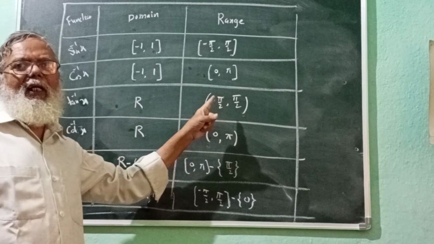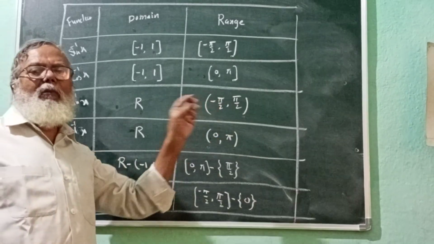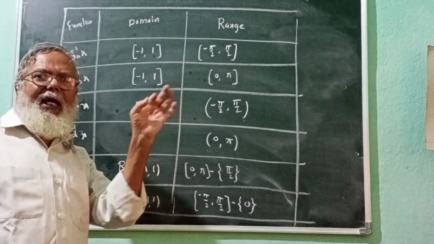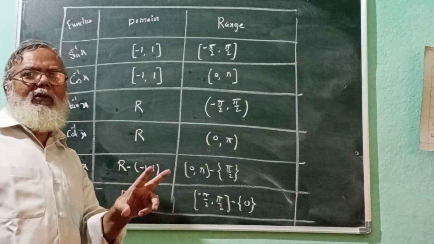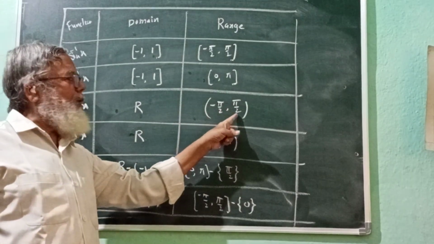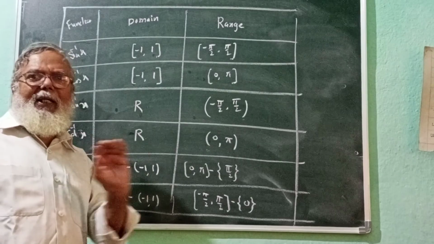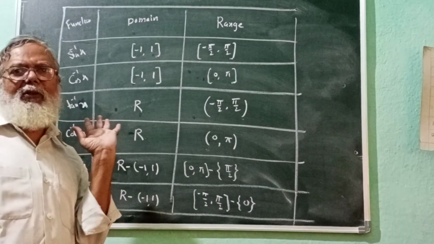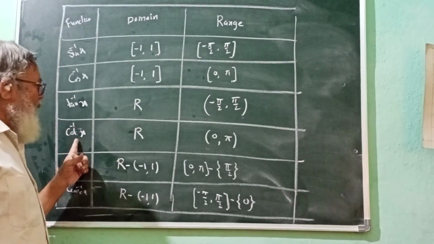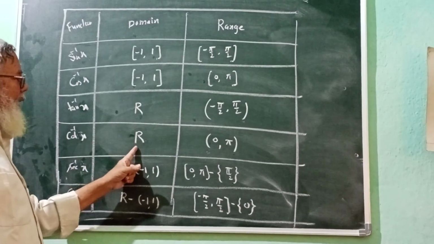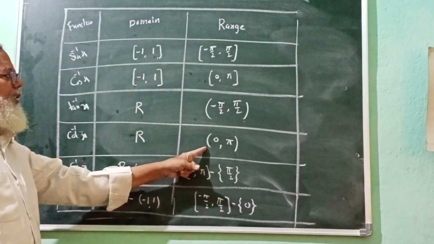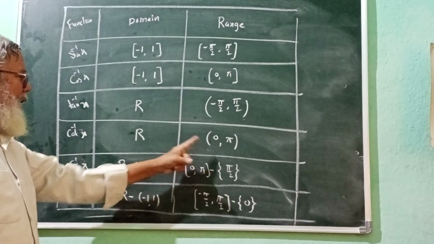Open interval means it includes all the values between minus pi by 2 and plus pi by 2 except the extreme values, that is minus pi by 2 and pi by 2 are not included. The remaining values in between are included. Similarly cot inverse has the domain of real numbers and range is the open interval 0 to pi.